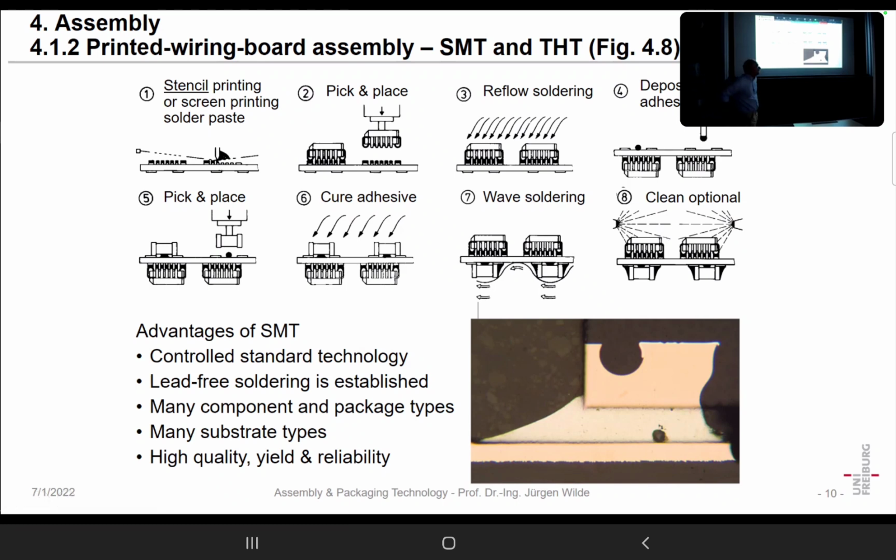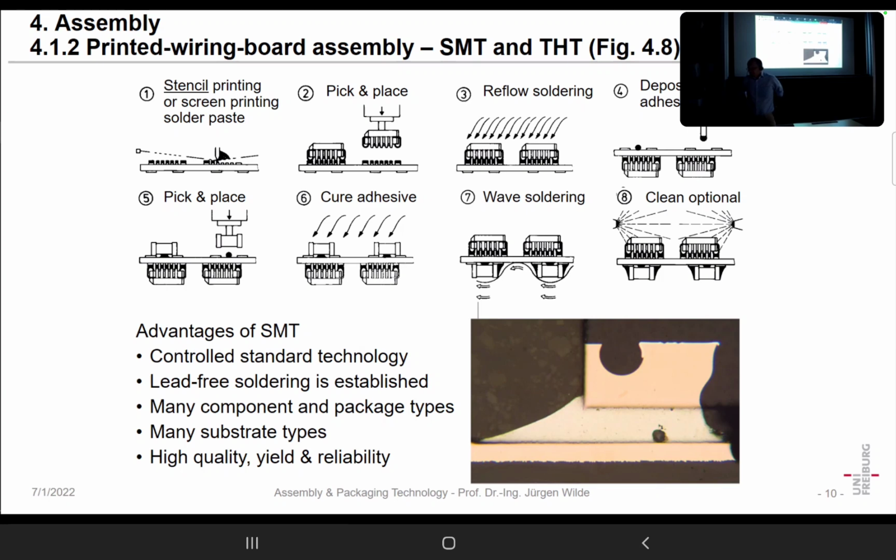For instance, the company I visited yesterday with that workshop, they are doing lots of assemblies for aircraft industry. And in aircraft industry, we have high safety requirements and reliability requirements.